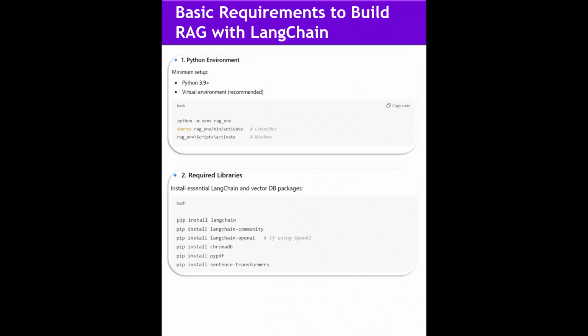The second requirement is the required libraries. Install the essential LangChain and vector DB packages using the basic commands: pip install langchain, pip install langchain-community, pip install langchain-openai, or Ollama or any other AI you use. Then pip install chromadb, the vector DB, pip install pypdf, or pip install sentence-transformers.